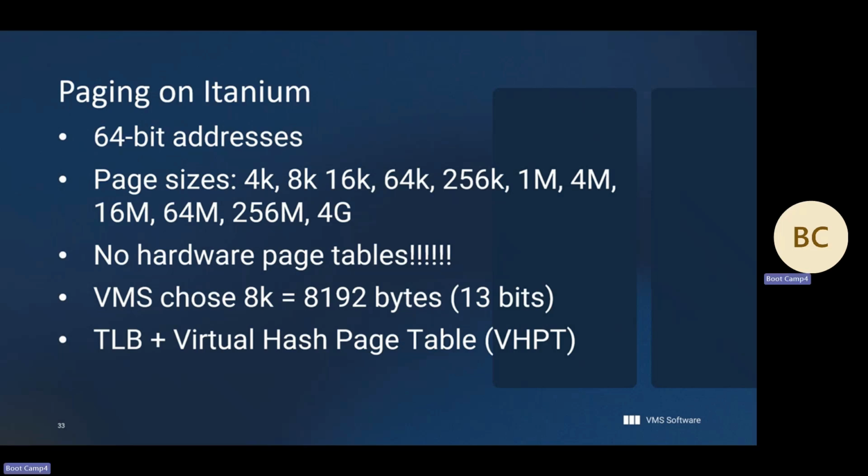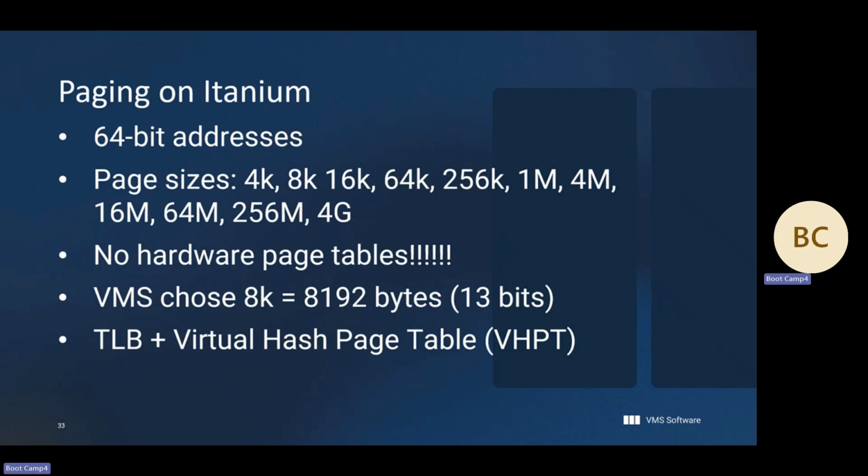VMS chose an 8K page size because we had this huge investment in 8K pages. So how was that, with no page tables? VMS is a page table system. What do we do? Well, there's the translation lookaside buffer, and there's also a virtual hash page table.